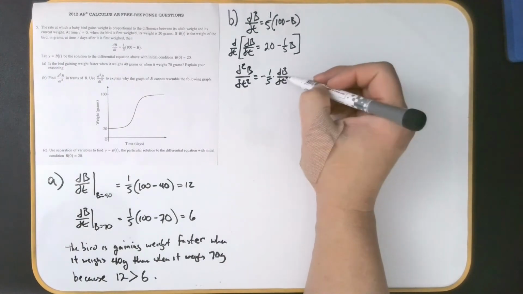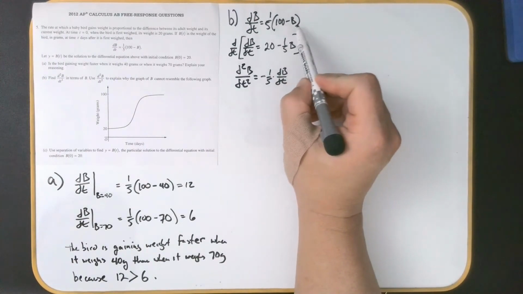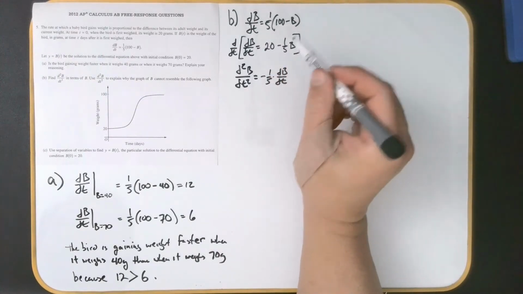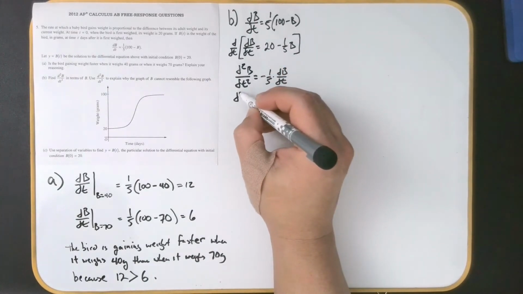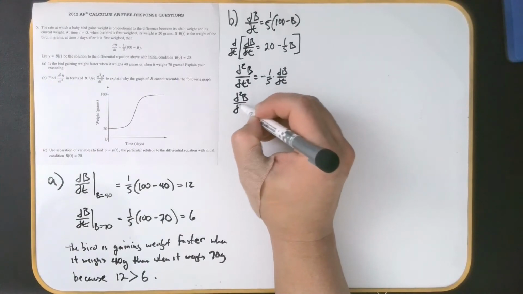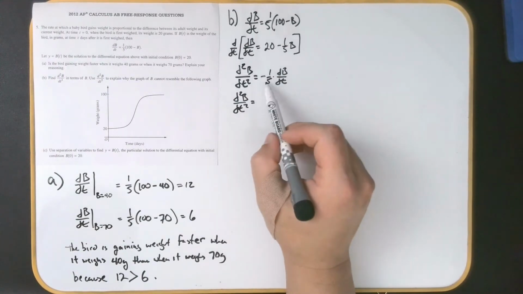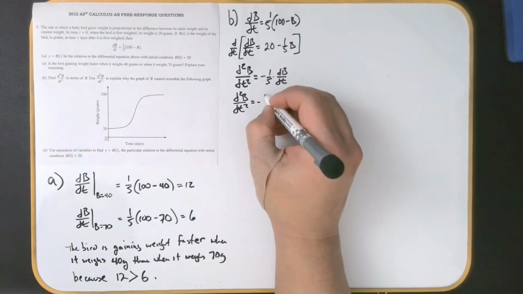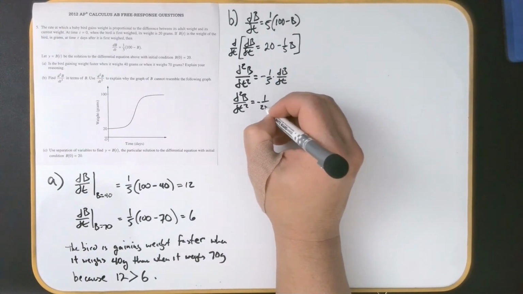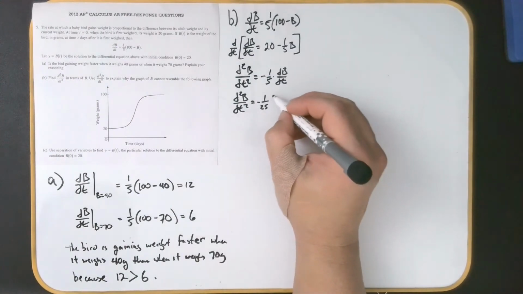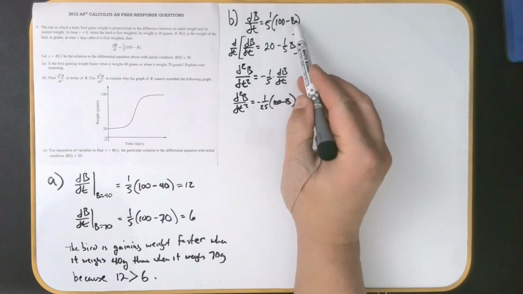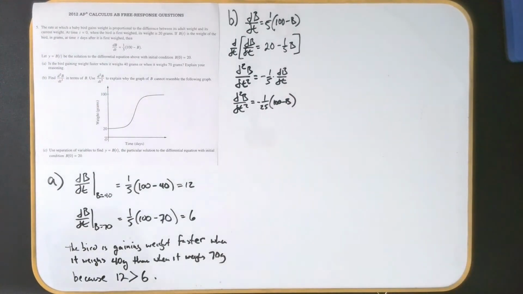Well, db dt is this thing we started with up here. So now replace db dt with what it equals, and our final answer would be d squared b dt squared is equal to negative 1/5 times the original statement. So that's going to be negative 1/25 times 100 minus b. I'm actually going to return to the original one. It makes it easier. Okay, so there is my second derivative.